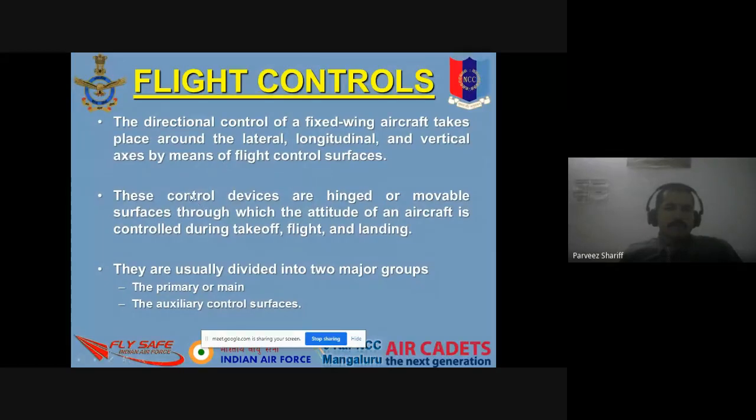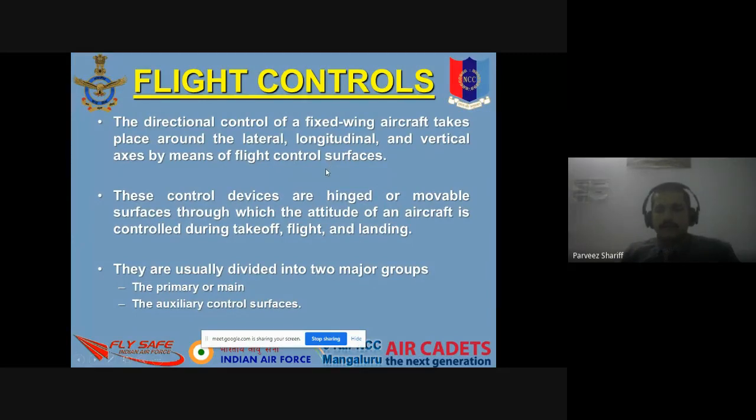Basically the controls are the hinged surfaces. Hinged means they are connected to the main structure. And the aircraft can be controlled in three directions: lateral, longitudinal and vertical axis. The directional control of a fixed wing aircraft takes place around the lateral, longitudinal and vertical axis by means of flight control surfaces.